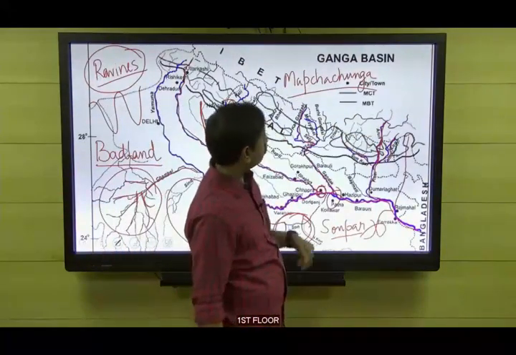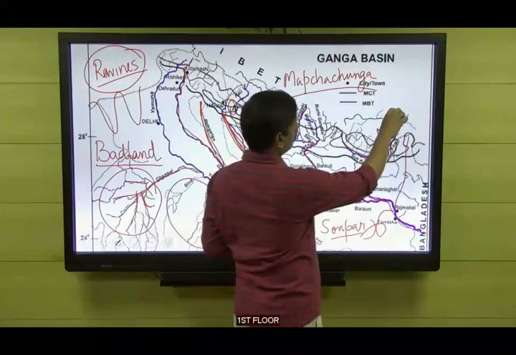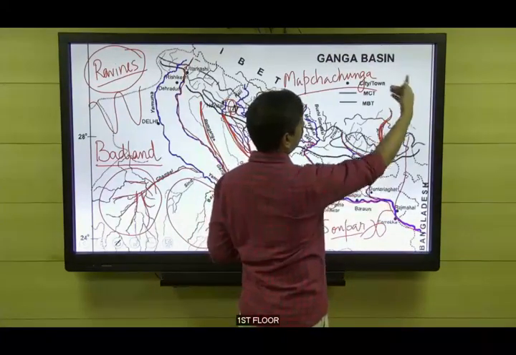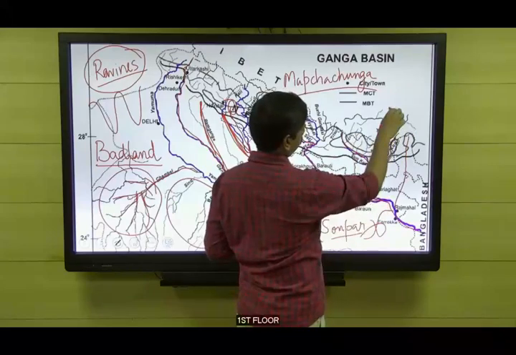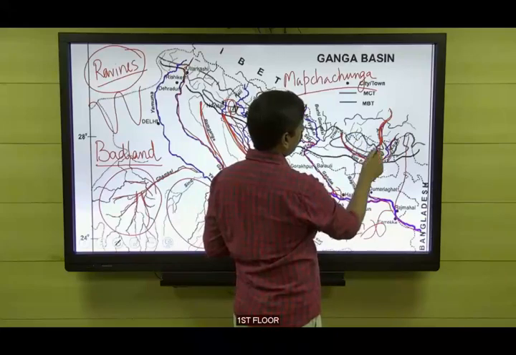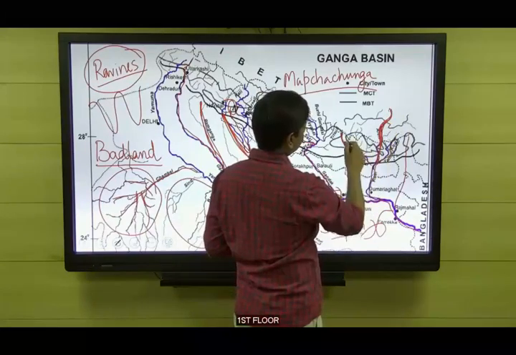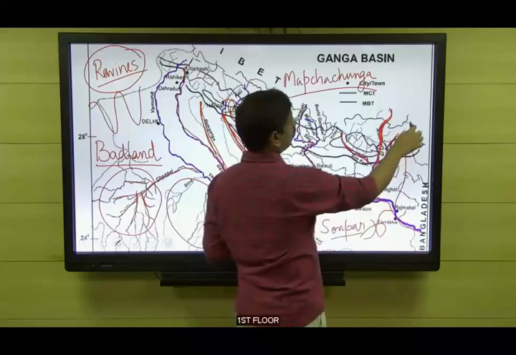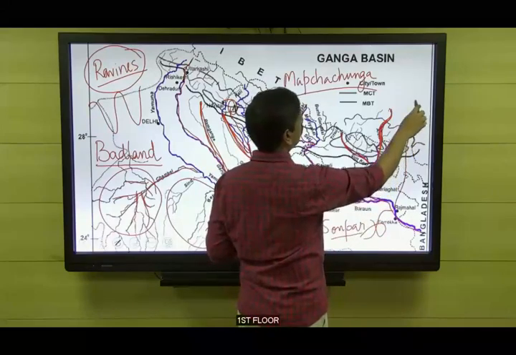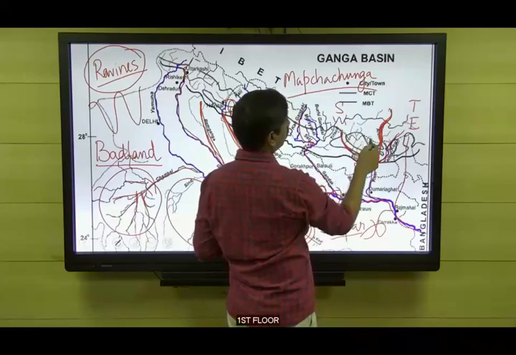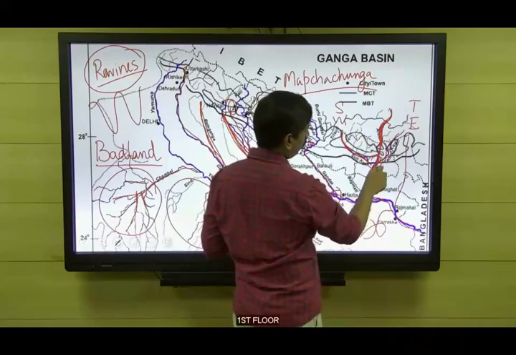Arun Kosi is the antecedent river which originates beyond the greater Himalayas. The other tributaries are Arun Kosi, Sun Kosi, and Tamur Kosi. Tamur is from east, Sun Kosi is from west. They all join to form the Kosi.